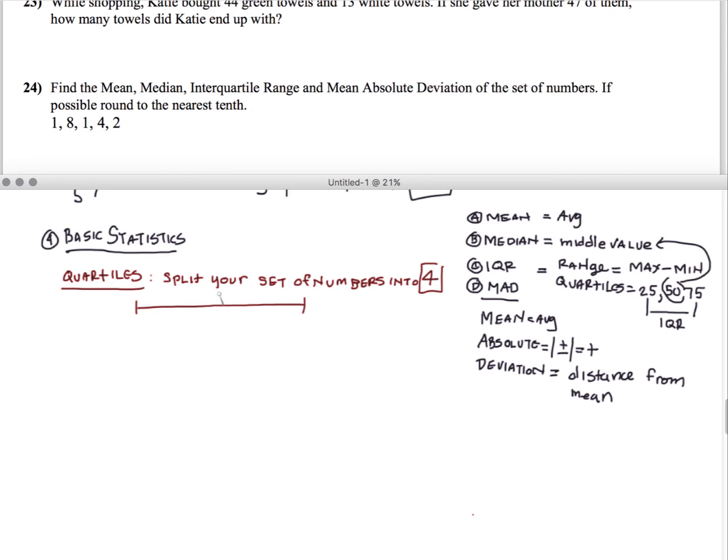So imagine this is an entire set of numbers. This splits them in half, so this is the median. If we do this again, notice we split it into 4 equal sets. We have quartiles 1, 2, and 3, and that gives us 1, 2, 3, and 4.